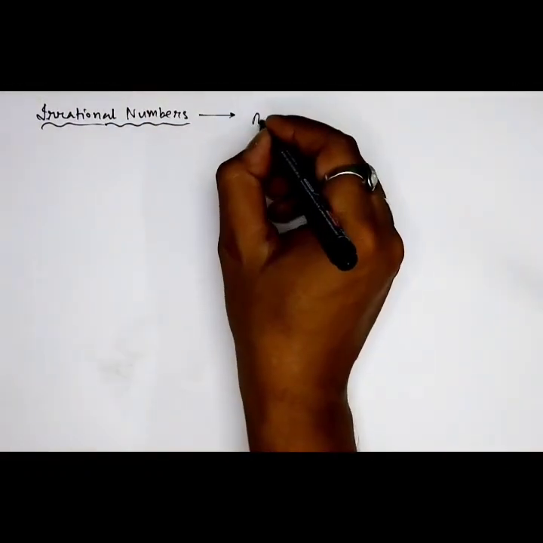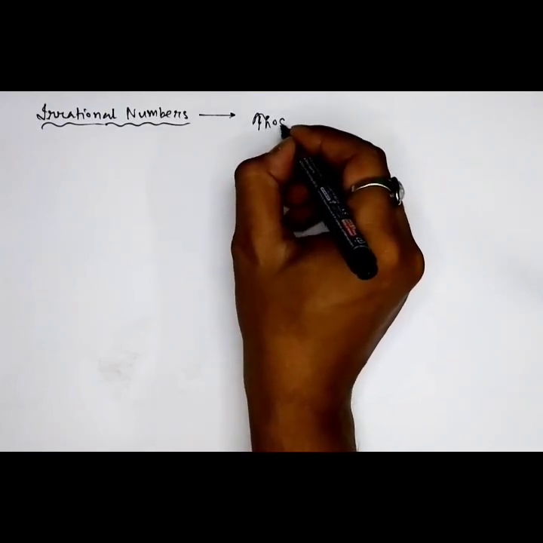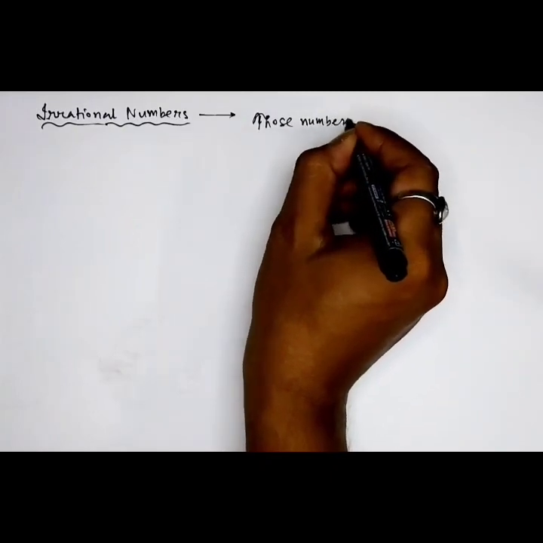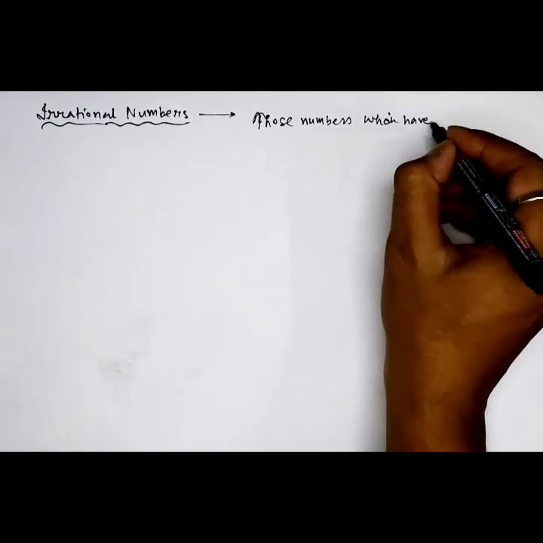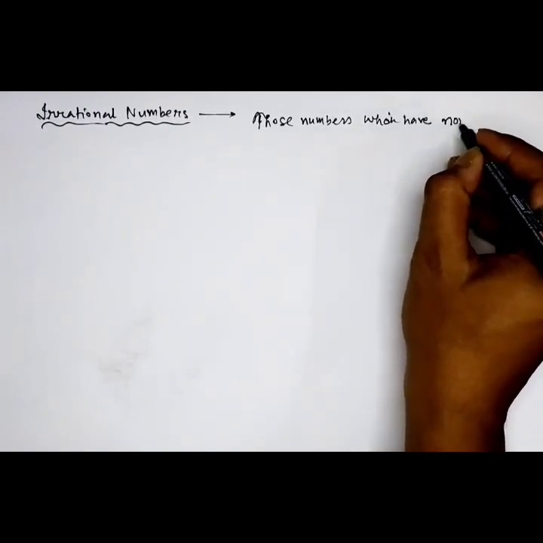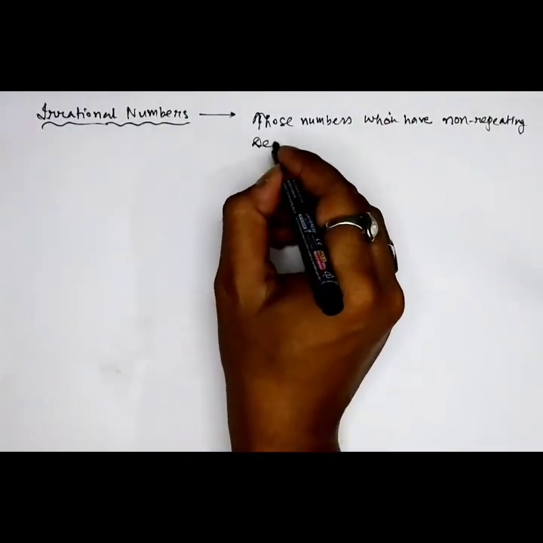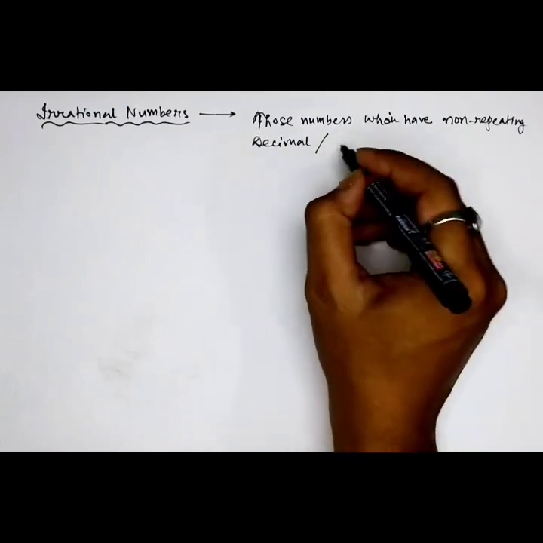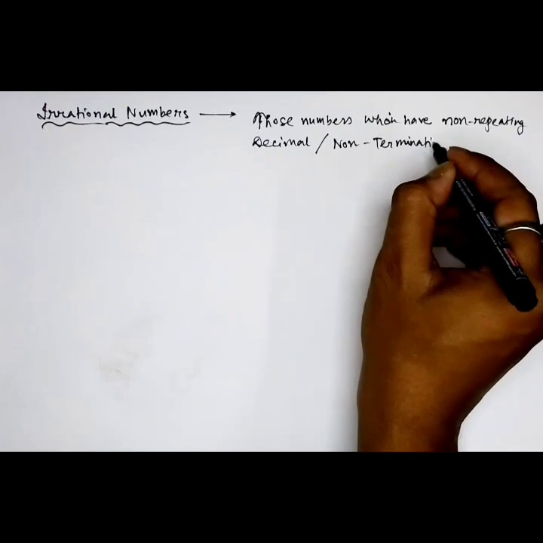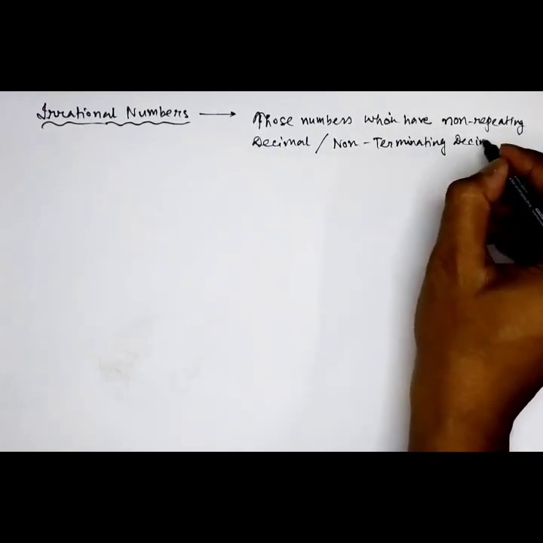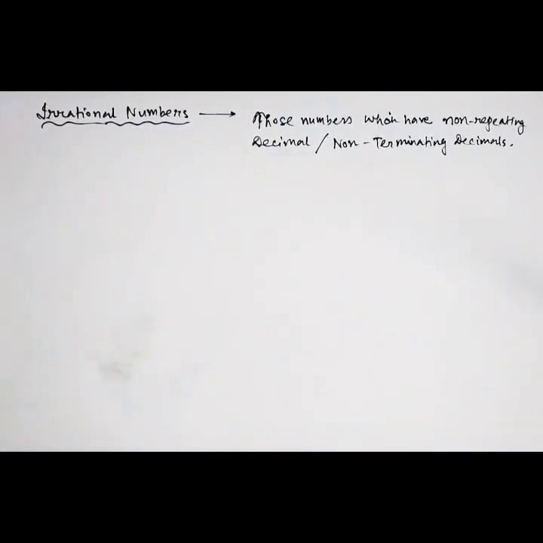Irrational numbers are those numbers which have non-repeating decimal values or non-terminating decimals, and which cannot be expressed in P by Q form.